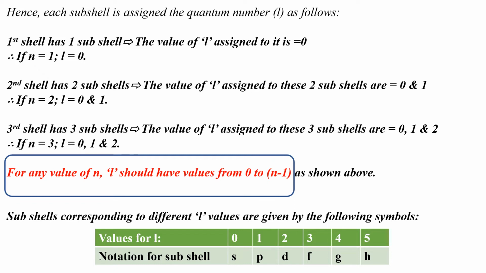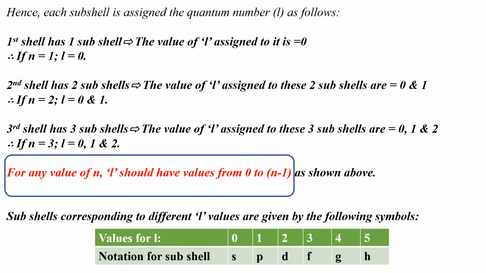Now, if you have to put this into a formula, how would you calculate the subshells? For any value of n, L should have values from 0 to n minus 1. Since the first value of L is 0, the last value has to be one number less than the number of subshells. Now, it is clear that if n is 1, L should be 0, having only one value.